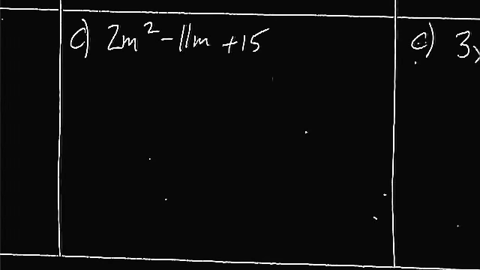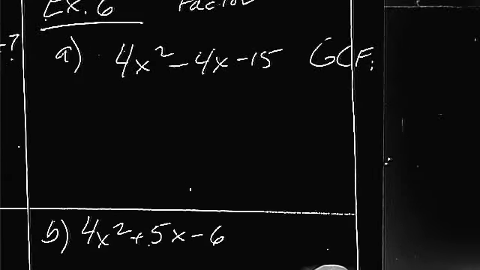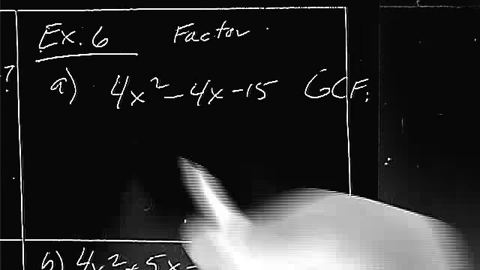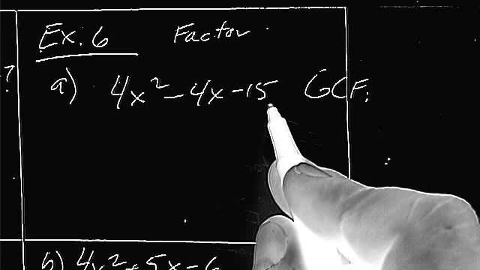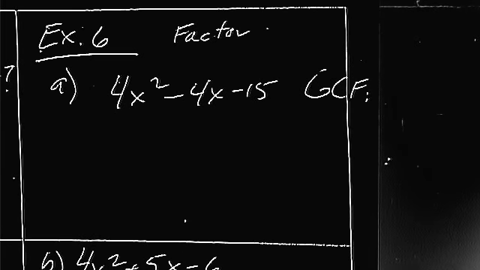Works really well. Okay, I want you to try this one on your own. So factor this one on your own and show me in class. Alright, next. Is there a greatest common factor? That's always what I want to ask myself. I do not see a greatest common factor. So this is more practice with the magic trick that we just talked about. So I want you to try this one.